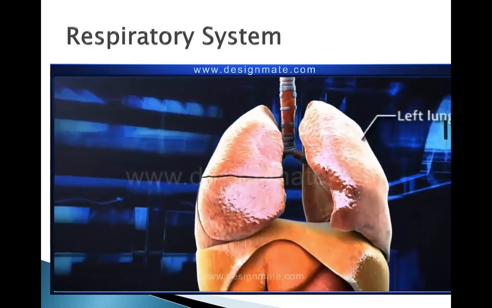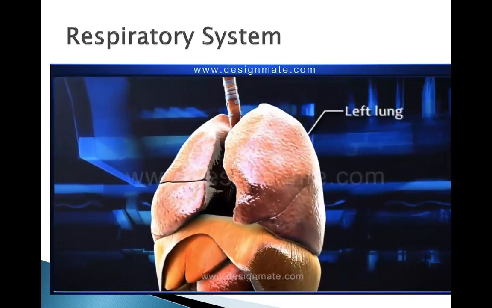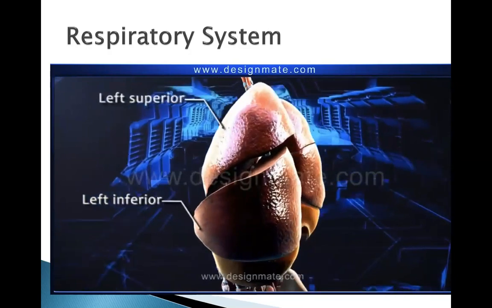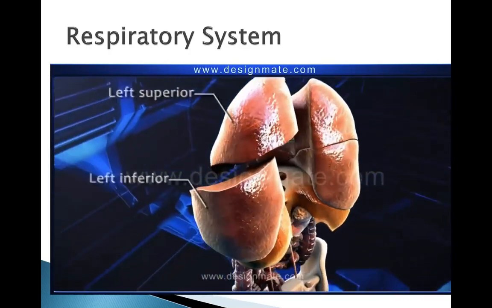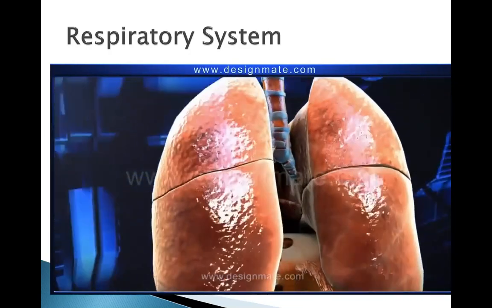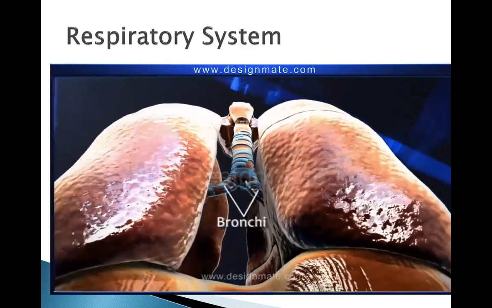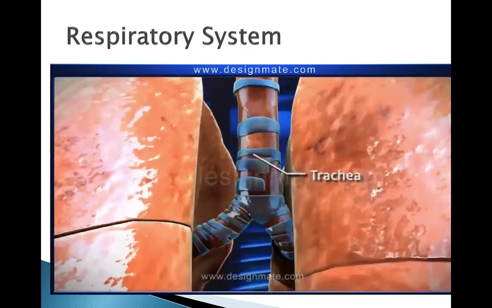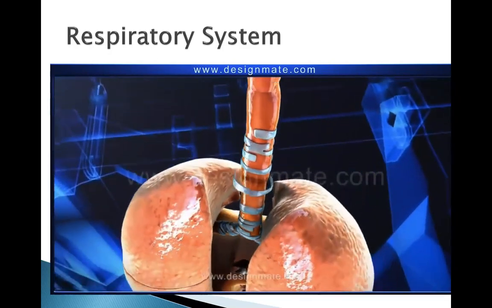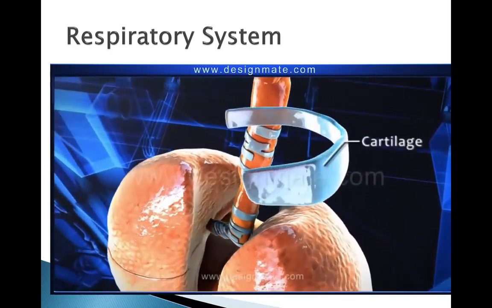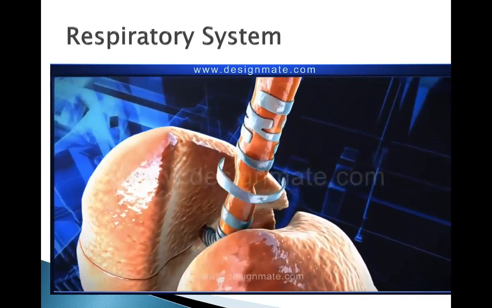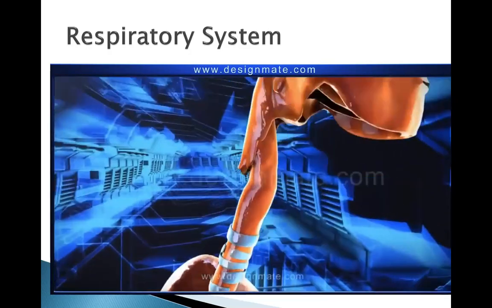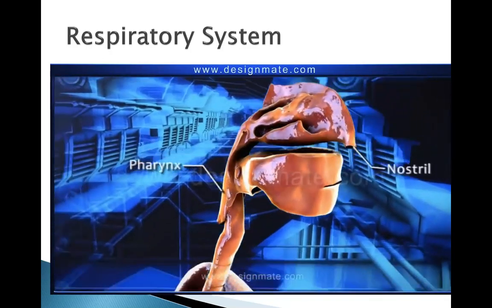The left lung is smaller and has only 2 lobes, the left superior and the left inferior lobe. Both the lungs are associated externally with small tubular bronchi, which unite and extend into the trachea. The trachea has incomplete C-shaped rings of cartilage, which prevent the tracheal wall from collapsing. The trachea leads into the pharynx, which is connected to the nostrils.